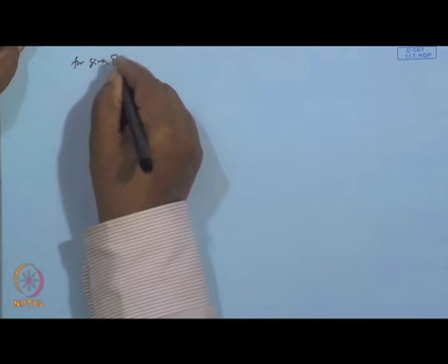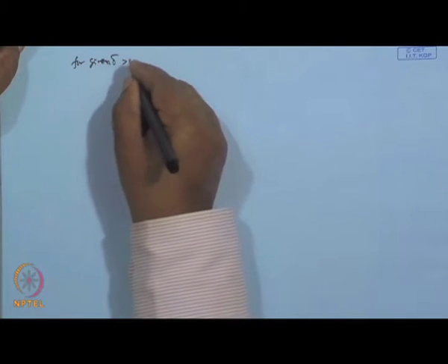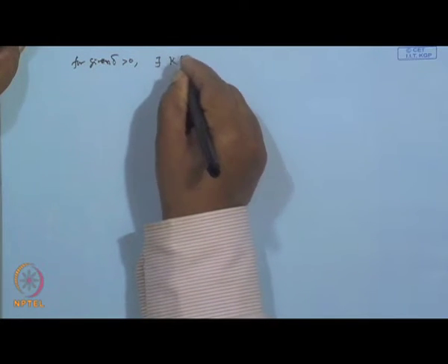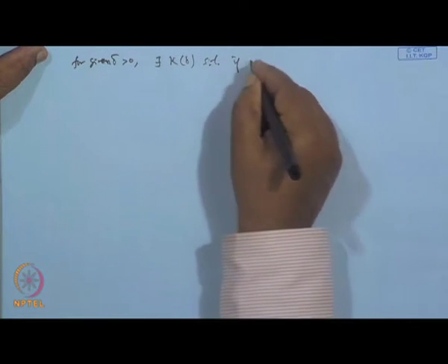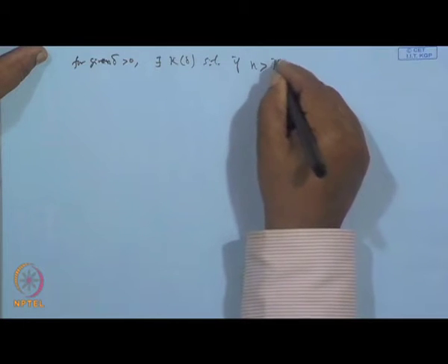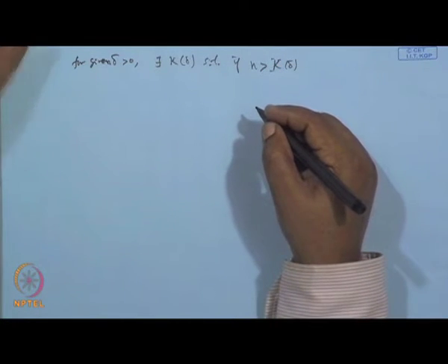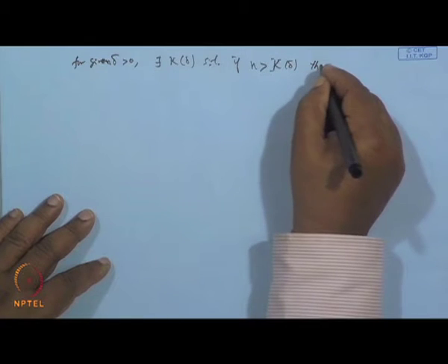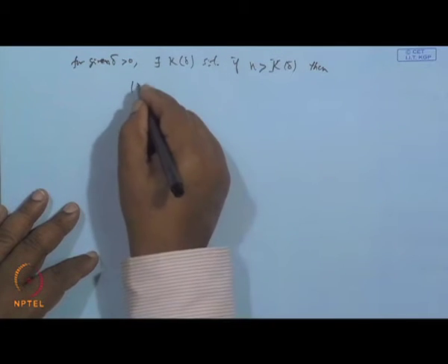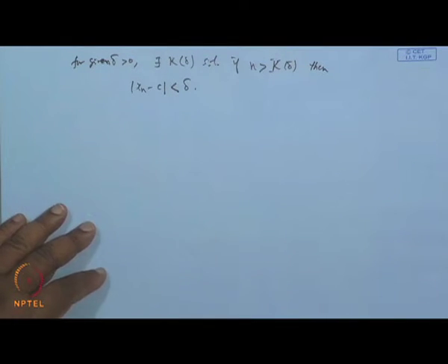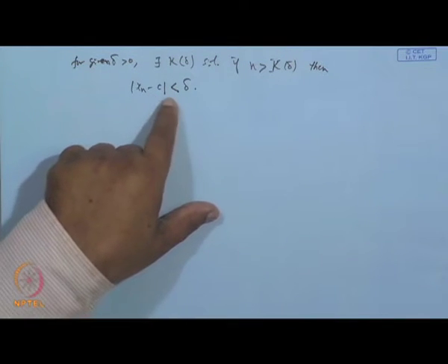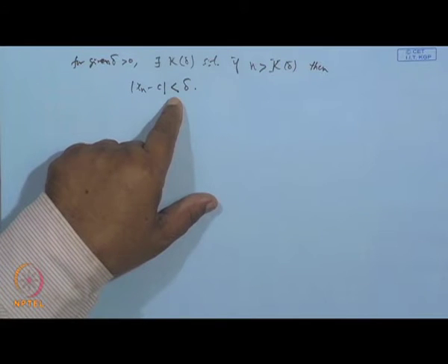So, by definition, for given delta greater than 0, there exists a K depending on delta such that if n is greater than K, then mod of x n minus C will remain less than delta. Is it not? That is by definition, when x n converges to C.